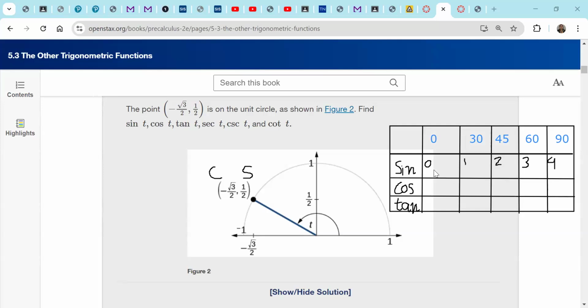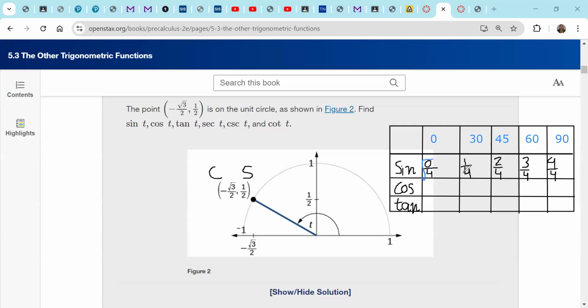You divide them all by 4 and square root them. So I'm going to divide them by 4 first. 0/4, 1/4, 2/4, 3/4, 4/4. Okay. And then as we go from there, we're going to take a square root of all of them.